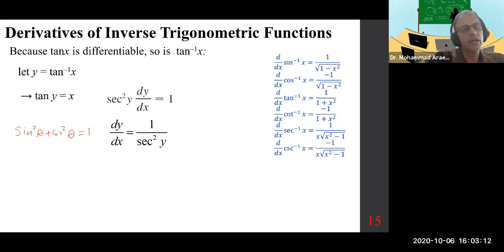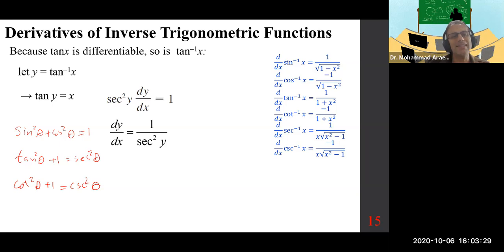Then we have tan squared plus 1 equals secant squared. Okay, remember that, class? And then cotan squared plus 1 equals cosecant squared. So those are the Pythagorean identities I'm reminding you of.